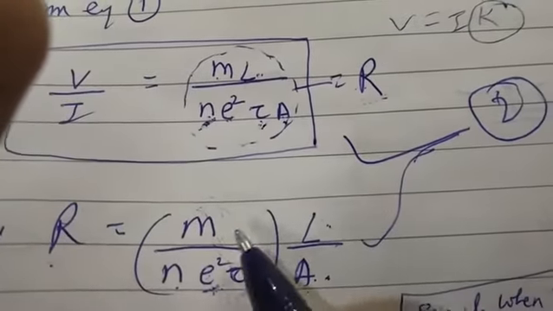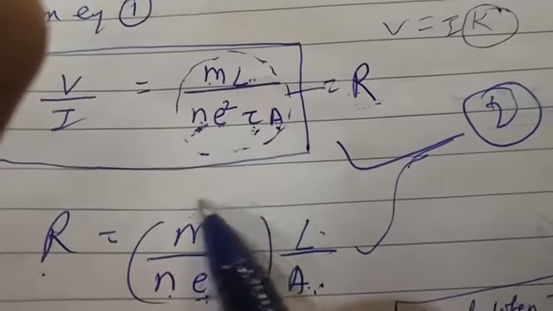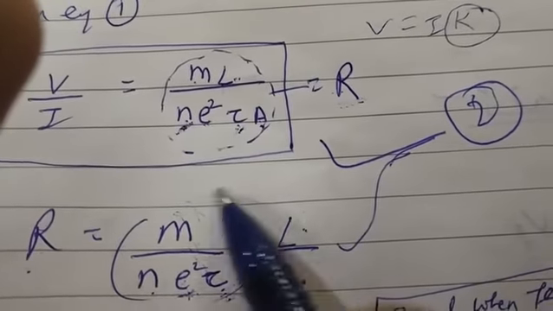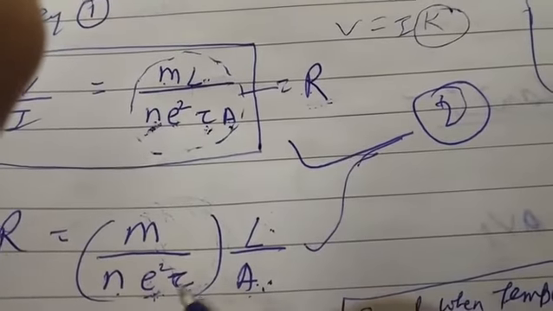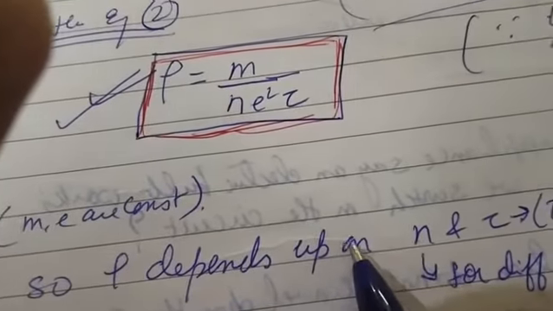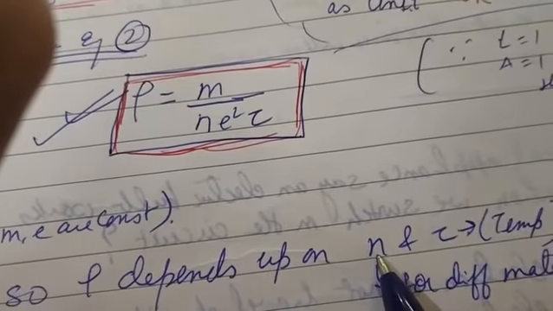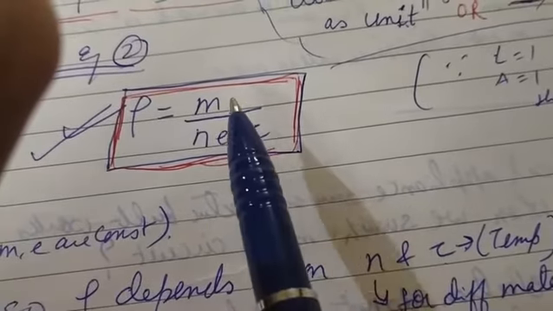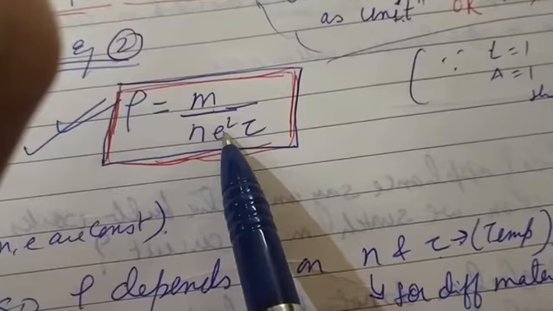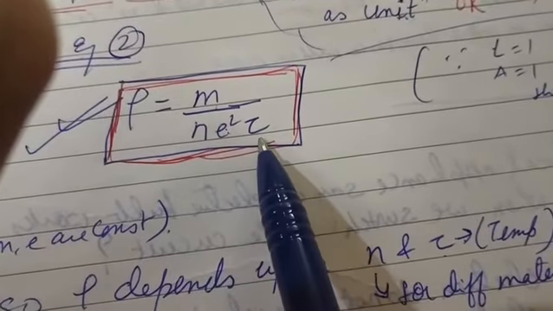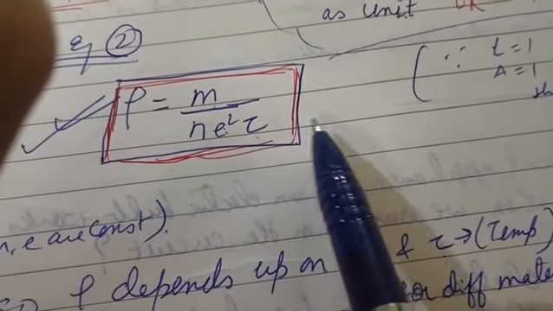R is equal to rho L by A. So this total quantity, m upon n e square tau, is known as the resistivity. So resistivity depends upon n and tau, because m and e are always constant, and tau depends upon temperature.